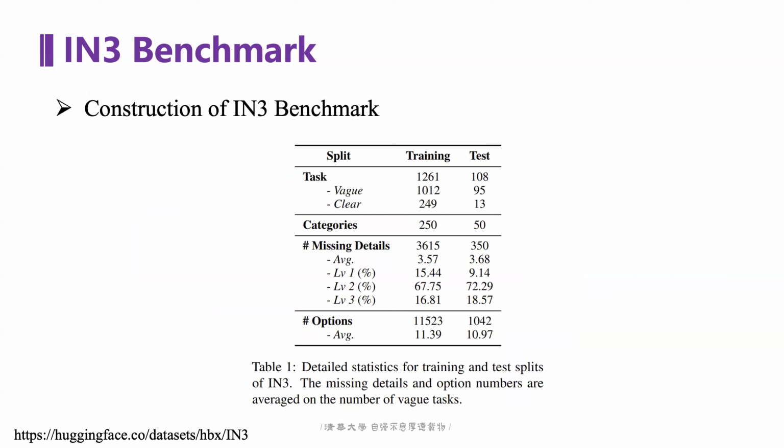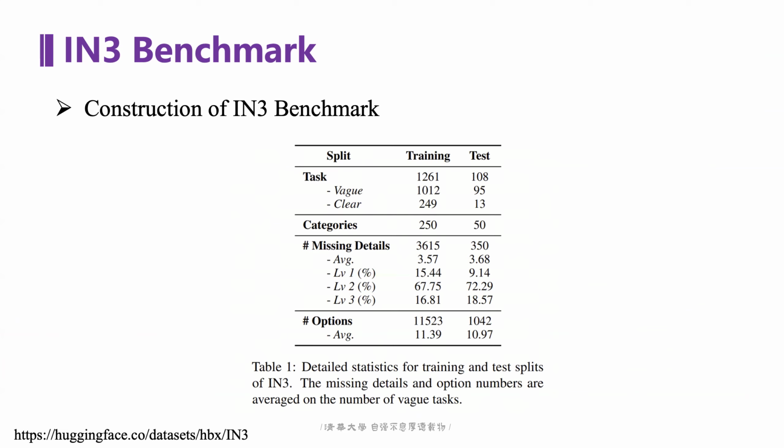Here are some statistics about this data set. We divide the tasks into a training set and a test set. In the training set, there are over 1,000 tasks annotated as vague, and there are also clear tasks, which the agent can directly carry out instead of always asking the user for missing details.